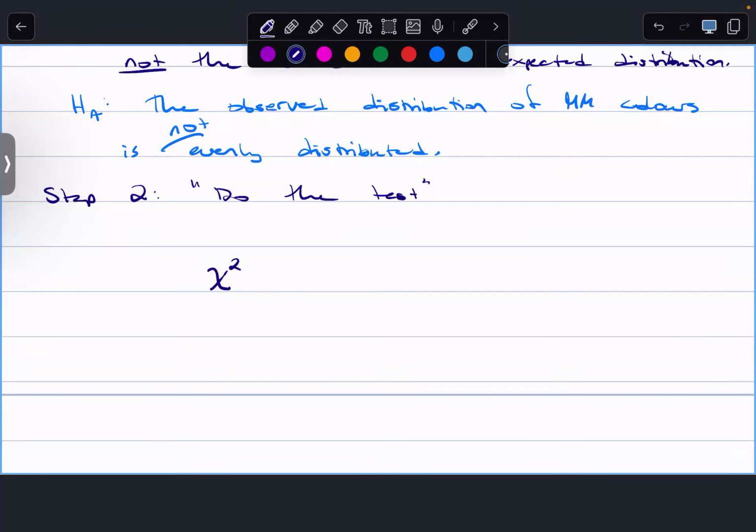It's going to be a little bit different because we're going to talk about the observed minus the expected. We square each of those, divided by the expected count.